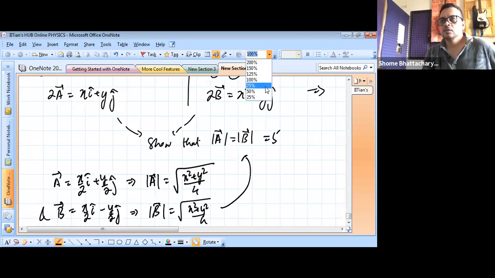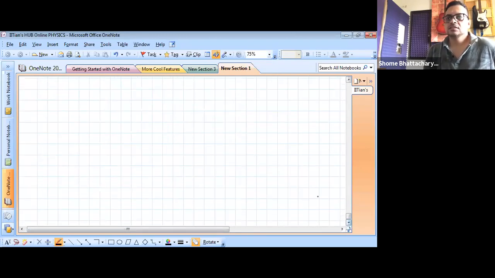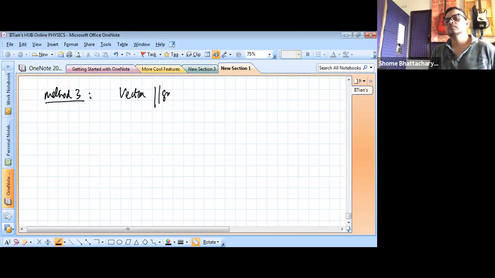Okay. Now the third method, I'll give you an interesting hint. Method 3 is to make use of the vector parallelogram formed by vectors A and B. That parallelogram is such that its diagonals should be perpendicular to each other, because the diagonals represent the sum and difference.